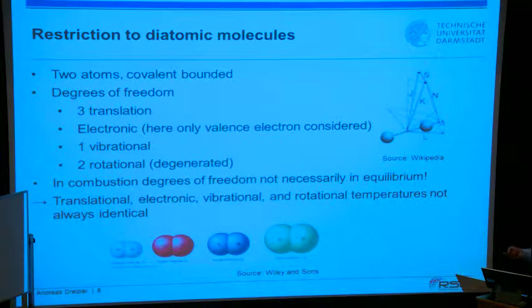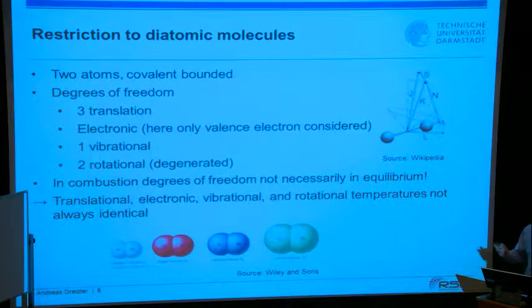No time to go into detail here. There is another internal degree of freedom. For a given electronic state of the valence electron, this molecule might vibrate, meaning that the nuclei, for example here for the hydrogen molecule, change the distance to each other with time, and they can rotate.